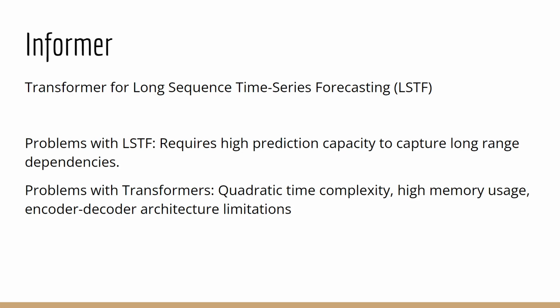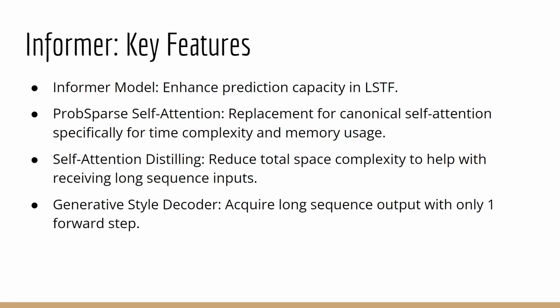Another problem is with transformers. They require quadratic time complexity, high memory usage, and the encoder-decoder architecture, which are all limitations. This paper included 4 contributions to be able to combat these issues.